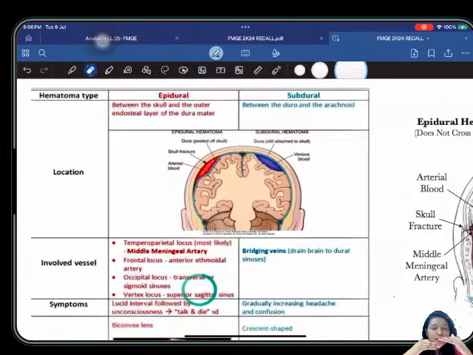Below the dura is known as subdural. So the subdural space is between the dura and the arachnoid mater. Below the dura is the subdural space, above the dura is the epidural space. After the dura you get the arachnoid mater, and below the arachnoid you have the subarachnoid space.